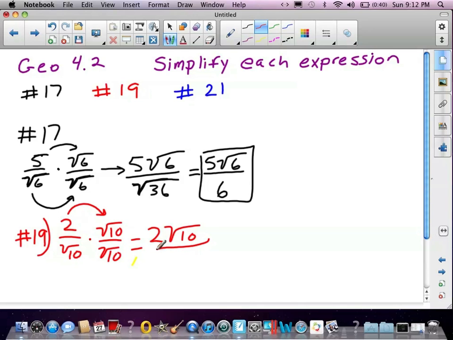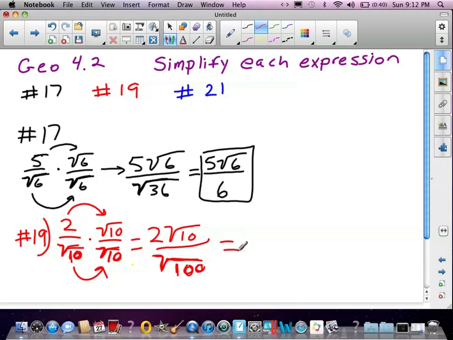And then I'm going to take the square root of 10 times the square root of 10, and 10 times 10 is 100, so I have the square root of 100. And remember what I said, if you take a square root of a number times itself, it will give you a perfect square.